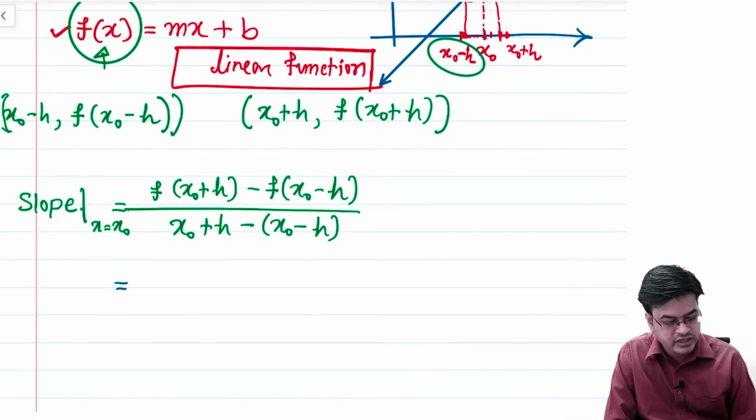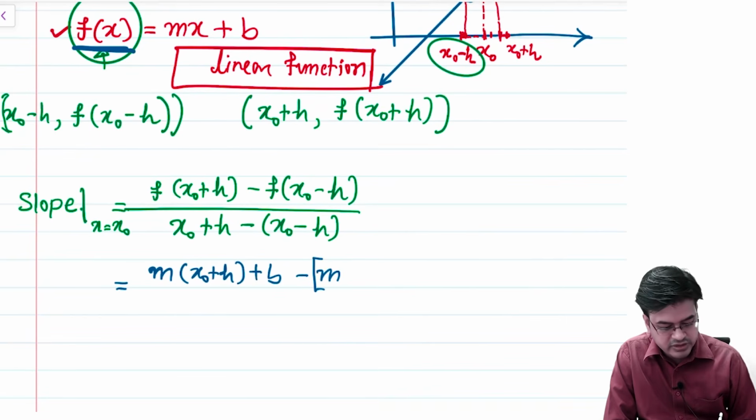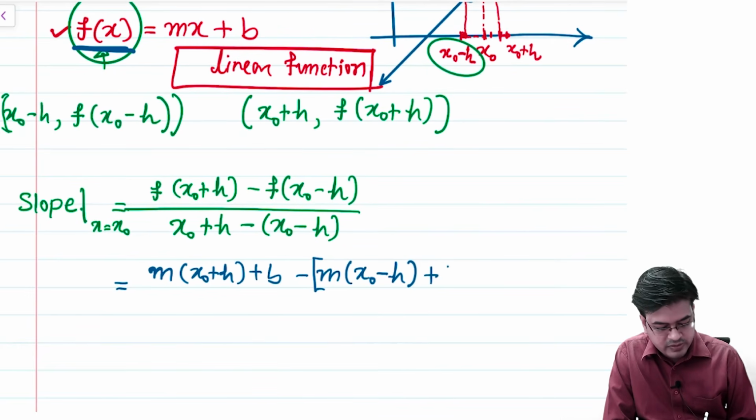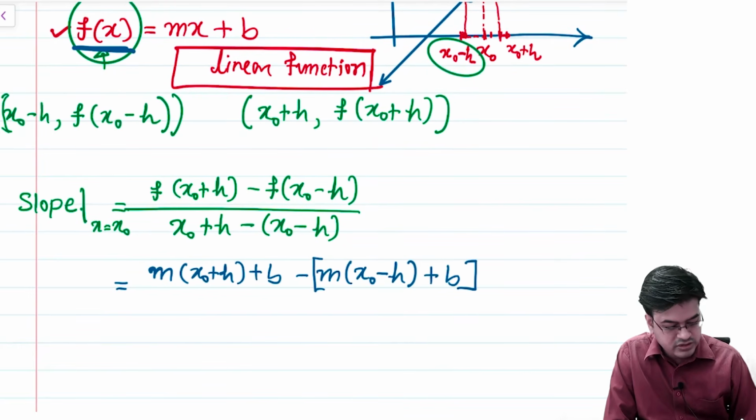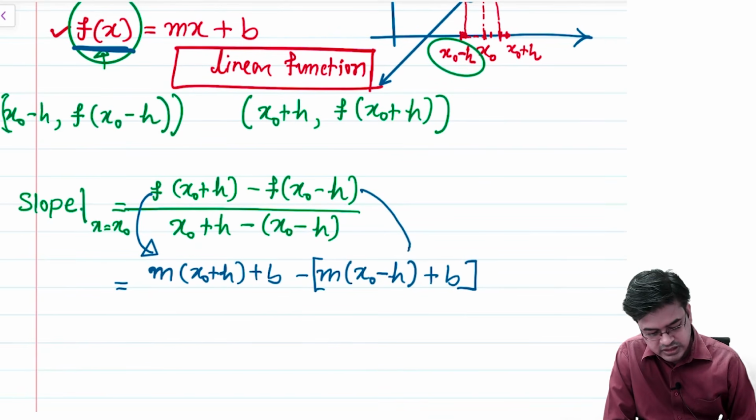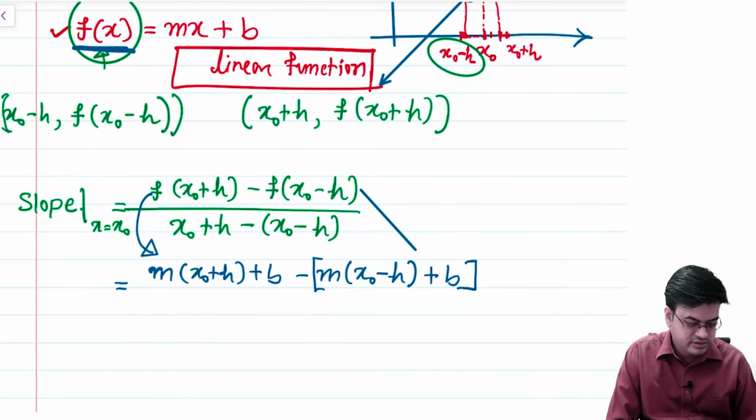In this function f(x), I will put f of x naught plus h. So this will be m times x naught plus h plus b, minus m times, we will put a square bracket here in order to avoid confusion, x naught minus h plus b. So this is the first point, f of x naught plus h. This is the second point, f of x naught minus h. Fine.